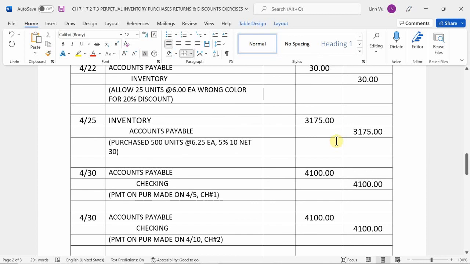Now, if I'm paying as of April 30th, did I make the discount due date? Yes, you did. So now I need to calculate what that 5% is going to be on. What number am I going to use?